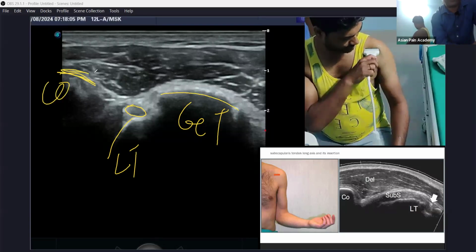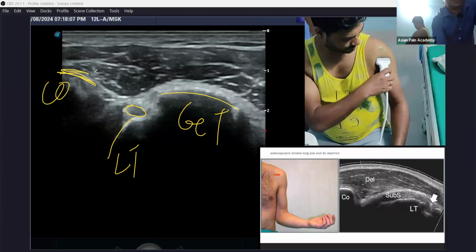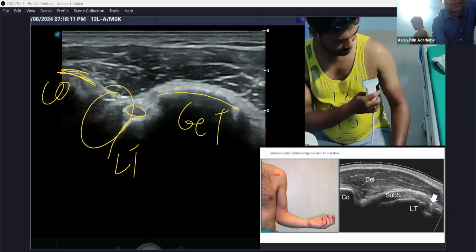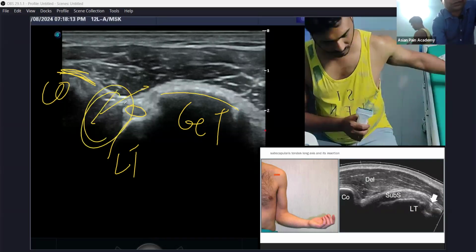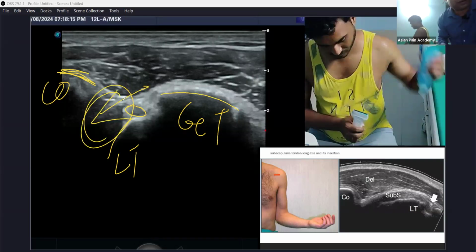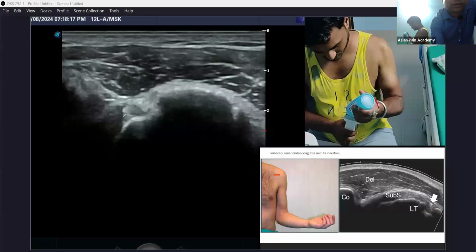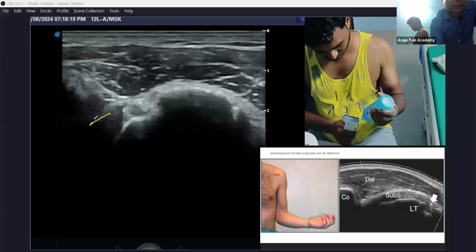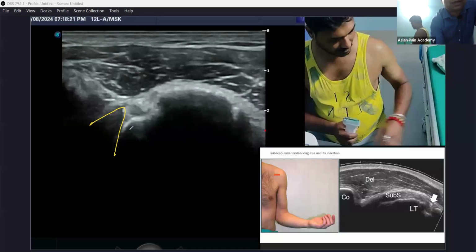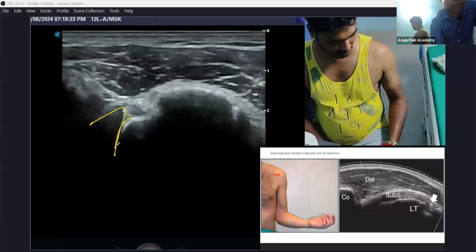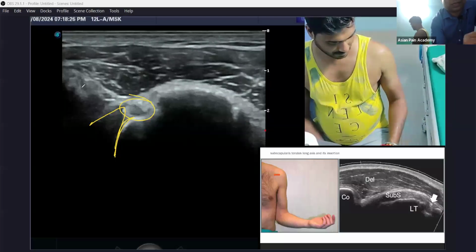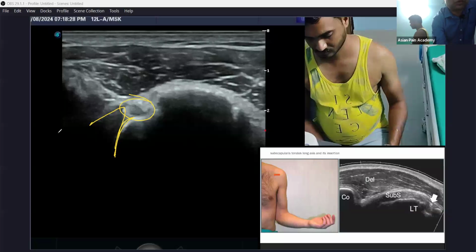So here, in this area, the movement of the subscapularis tendon, lesser tuberosity and biceps tendon has to be smooth.